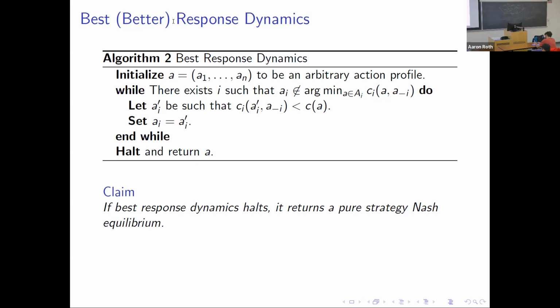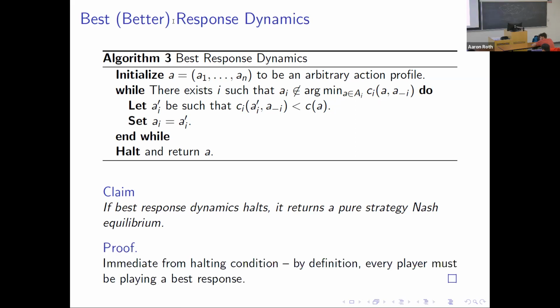It is that everyone is playing a best response to what everyone else is doing. If that were not the case, if there was someone who was not playing the best response, we would not have halted. So just by reading off the halting condition of the algorithm, if we ever exit the while loop, the thing we return is a pure strategy Nash equilibrium, which just means it is an action profile so that simultaneously every single player is best responding to what everyone else is doing. That is the halting condition of the algorithm. Is that clear?